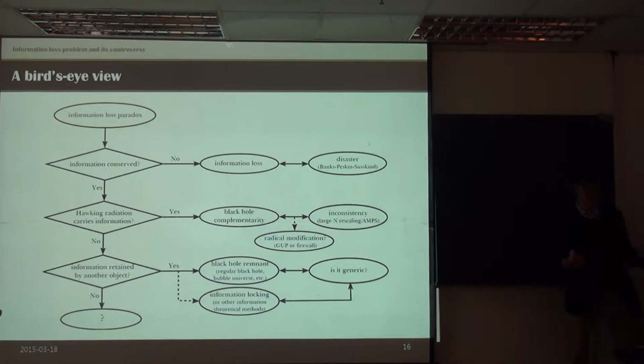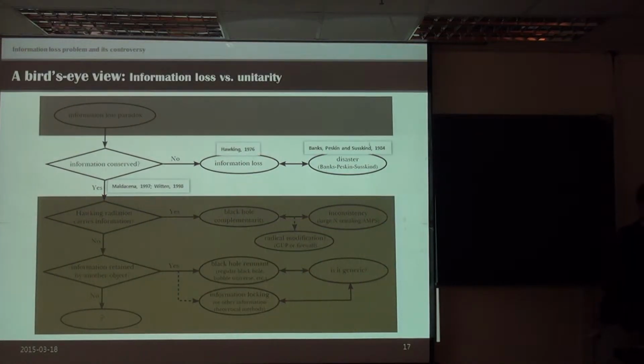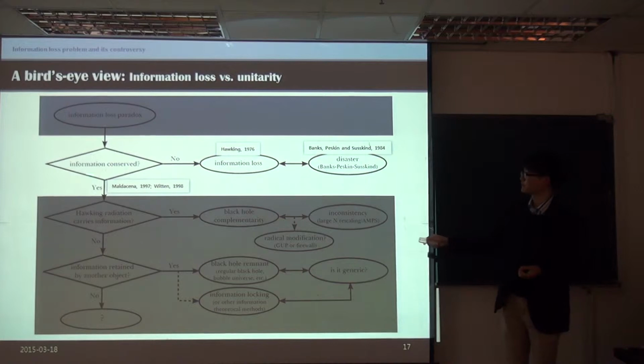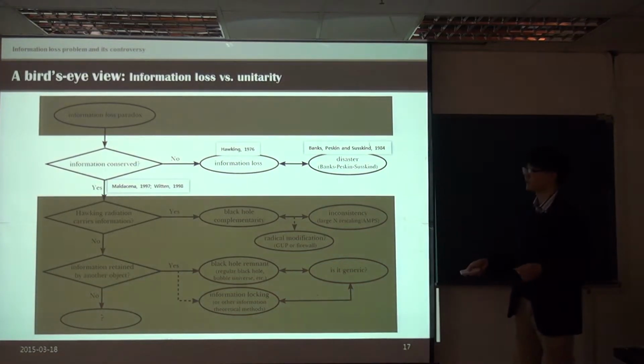Then the first question: is the information conserved or not? If you say no, so if there is information loss, then there is no prediction. This was the opinion of Hawking in 1976.